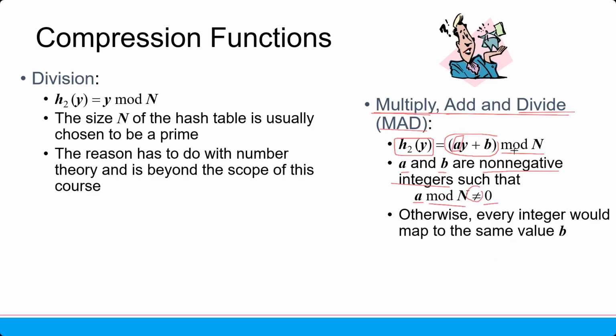If a mod N is not equal to 0, then we can do something for this case. Otherwise, every integer will map to the same value. That's the reason. If we have a mod N equal to 0, then every value will map to b, because when we have a multiplied by Y, and a mod N equals 0, it will not affect the result on these integer values.